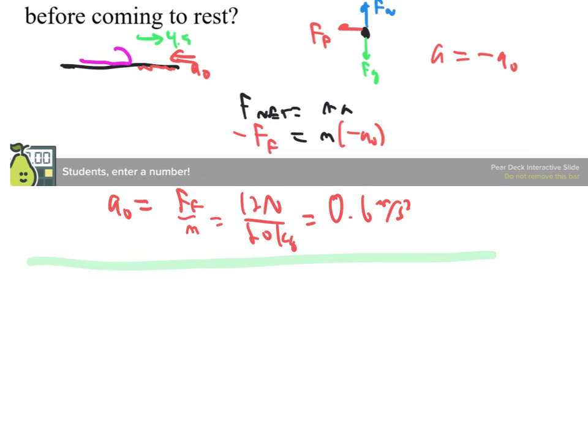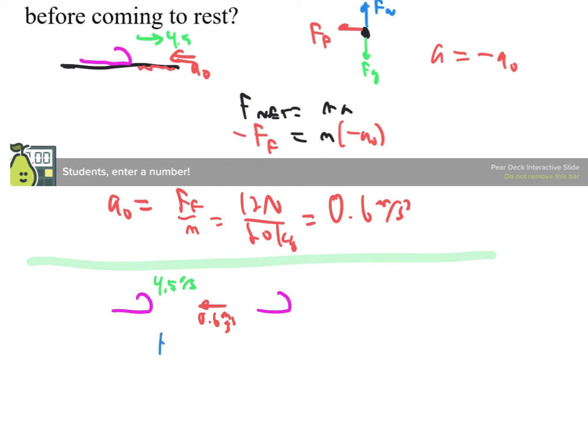Now we're saying if I have my sled, it starts at 4.5, but accelerates this way at 0.6 meters per second square.